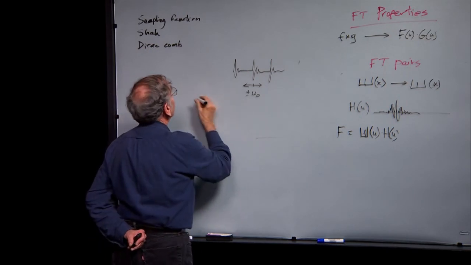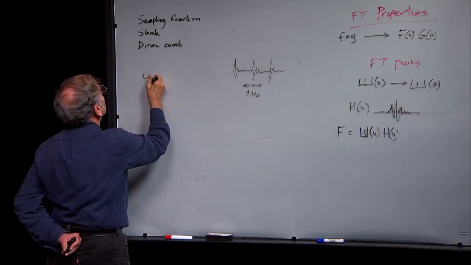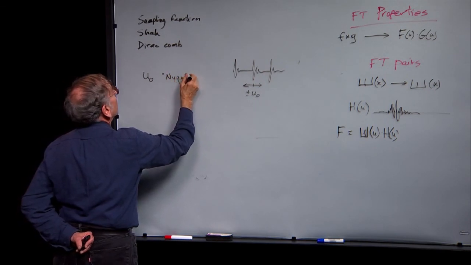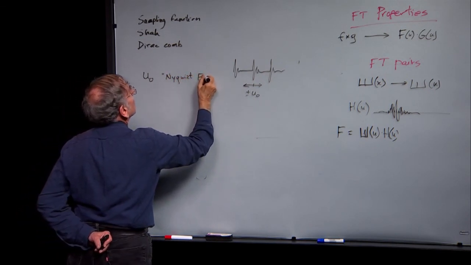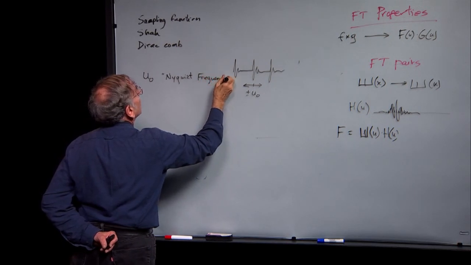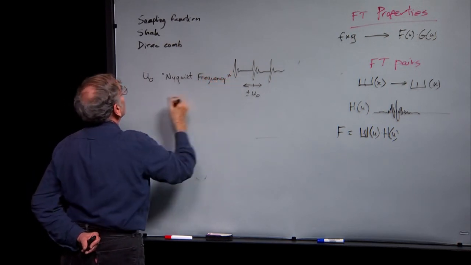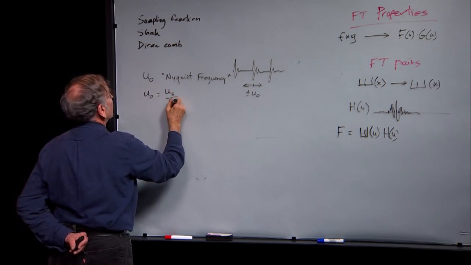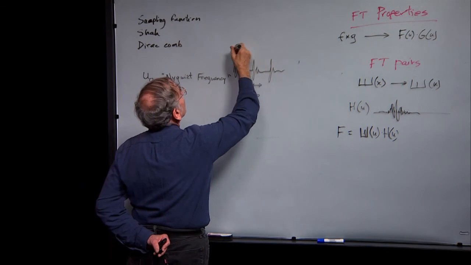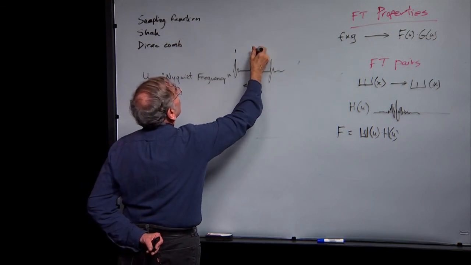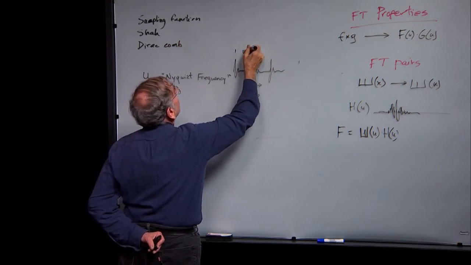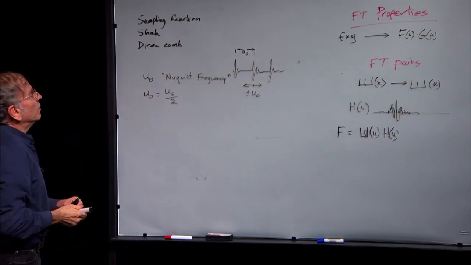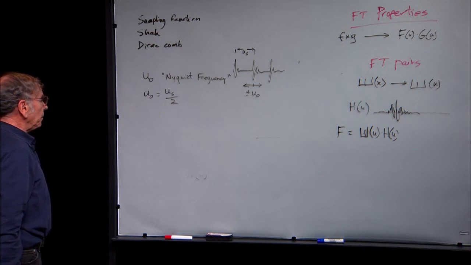It turns out that this frequency U naught goes by the name the Nyquist frequency, and the Nyquist frequency is just equal to the sampling frequency divided by 2. The sampling frequency, of course, is the periodicity in the Fourier transform.